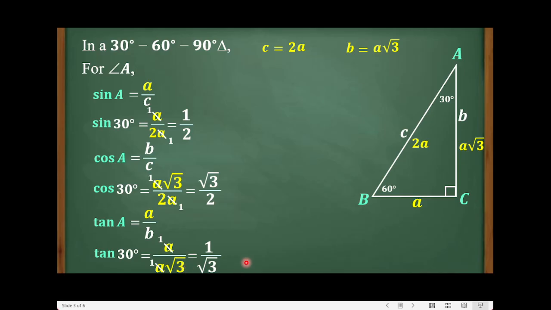So we need to rationalize the denominator, meaning this resulting fraction is to be multiplied by square root of 3 over square root of 3. And multiply numerator by numerator over denominator by the denominator. And the resulting value for tangent 30 degrees is actually square root of 3 over 3.